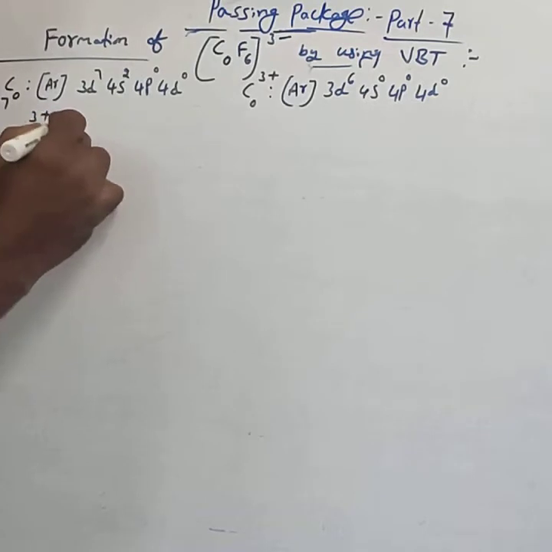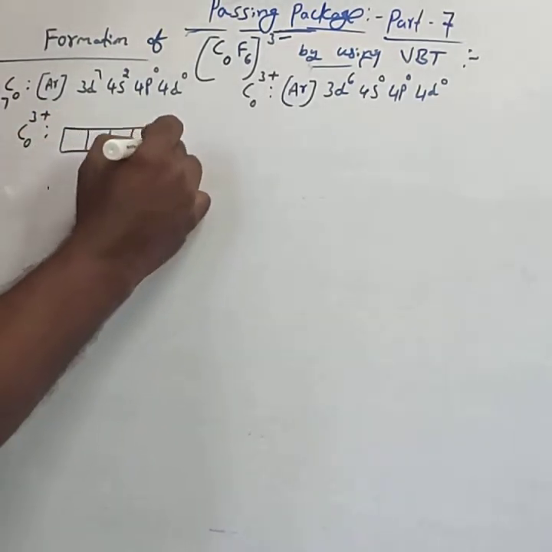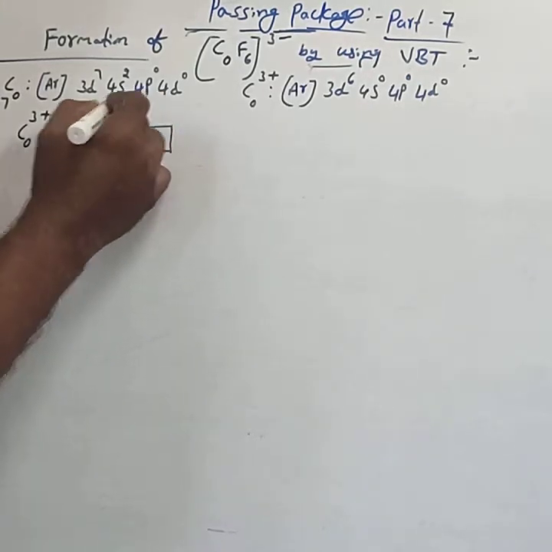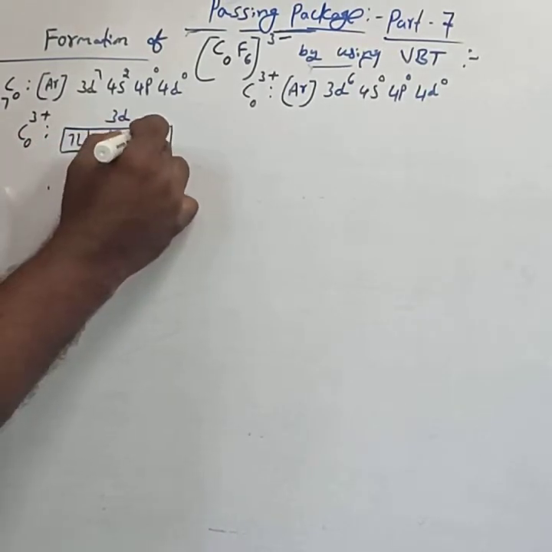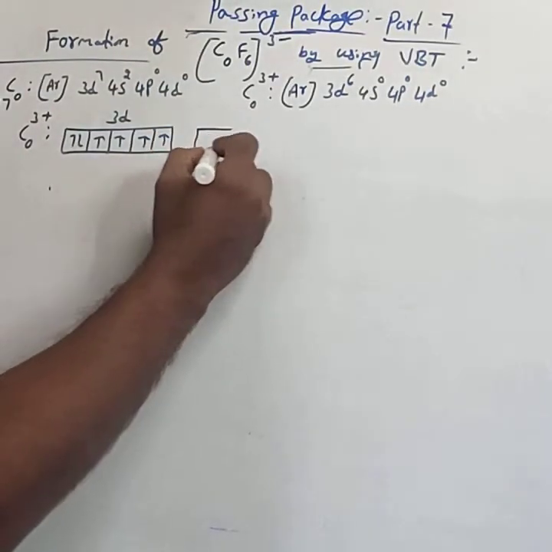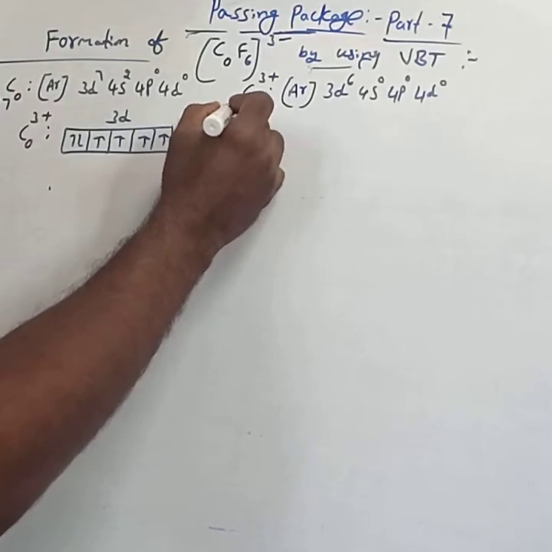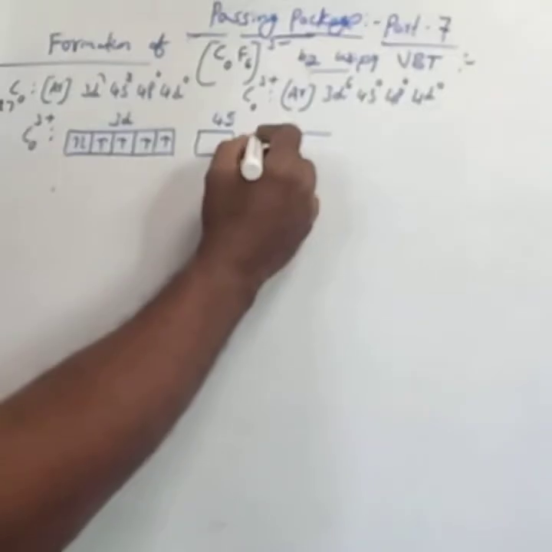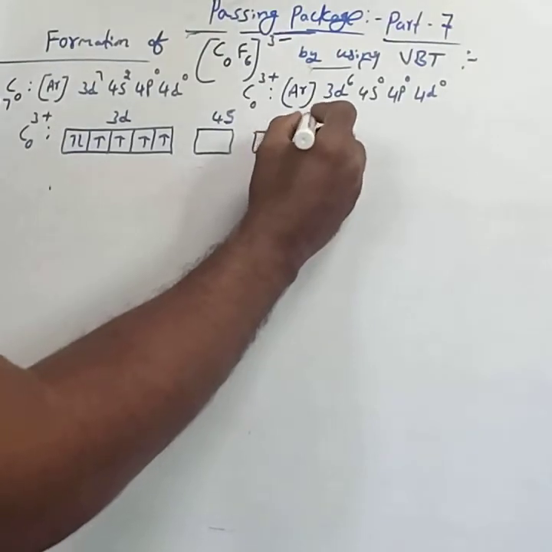In that box diagram, d subshell has 5 d orbitals. This is 3d. 3d6 means one electron has paired according to Hund's rule. This is 3d. 4s0: 4s vacant, one s subshell has one s orbital. 4p: p subshell has 3 orbitals, all are vacant.